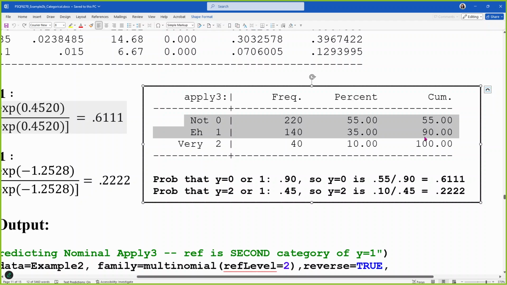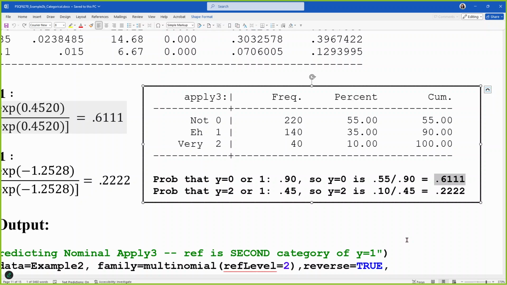So the denominator of total is 0.9, because 90% of the people answered 0 or 1. So what is the probability of answering 0 instead of 1? Well, the probability of answering 0 is 0.55 according to our data, but it's 0.55 out of just these two sets of people, and that's where the 0.61 comes from. It's a conditional probability. Of the people who answered 0 or 1, 61% of them answered 0.